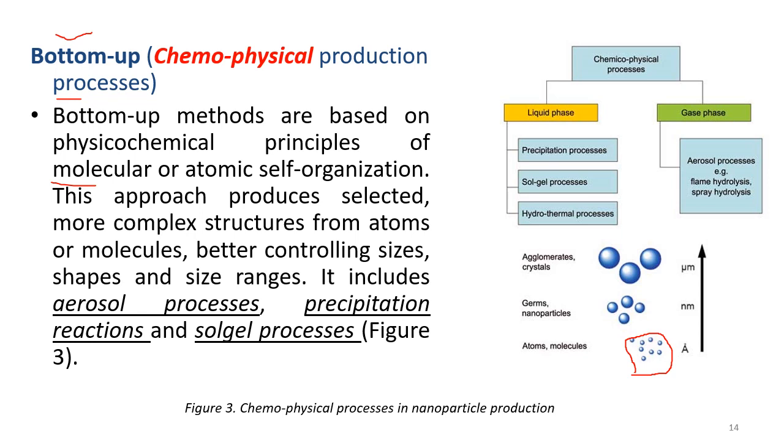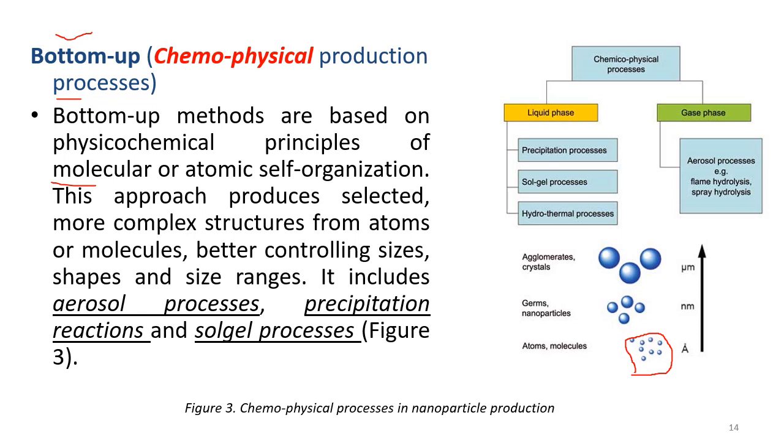In this one, the atomic molecules are made to place in a particular network or order, so that they form nanoparticles, which can then be used as crystals, or when they go to a higher growth, we can get agglomerated crystals also.